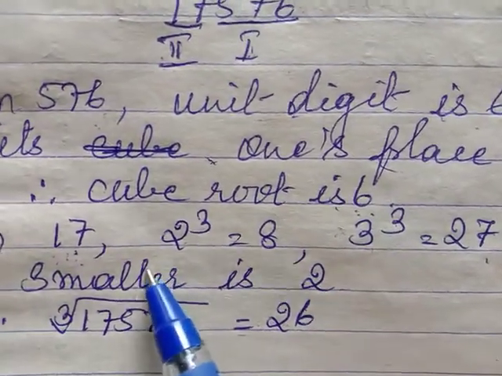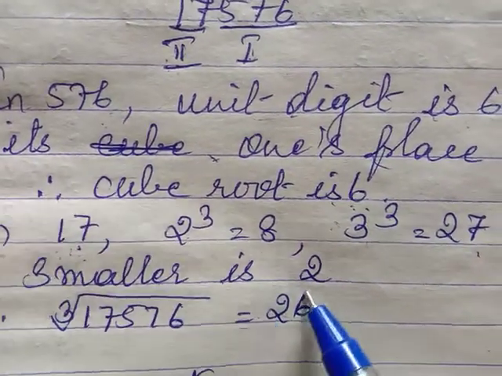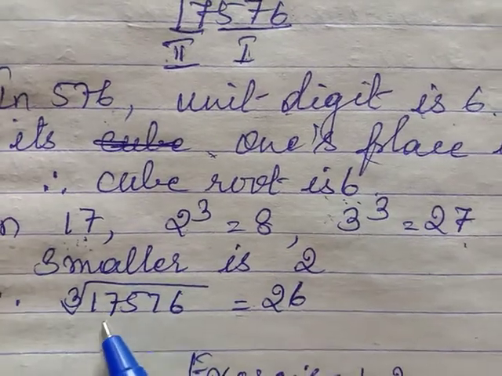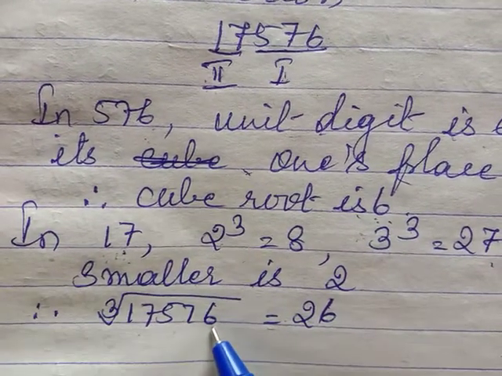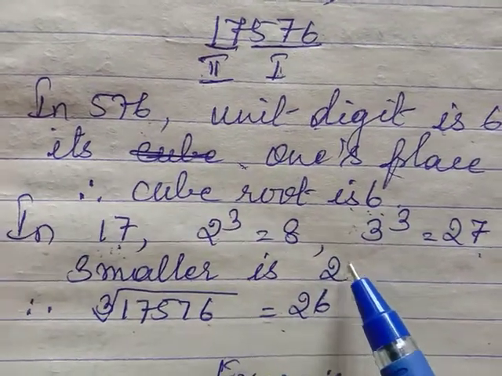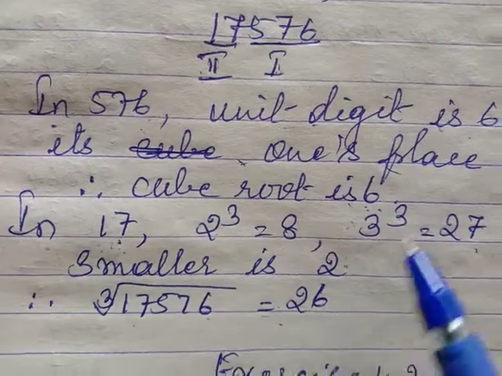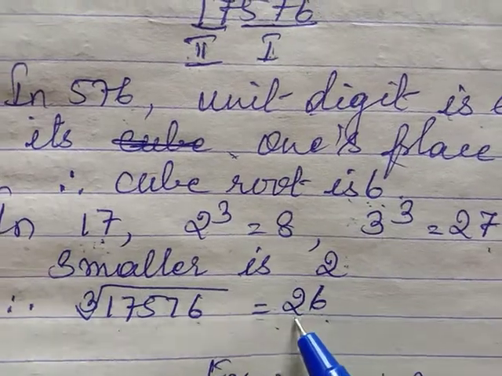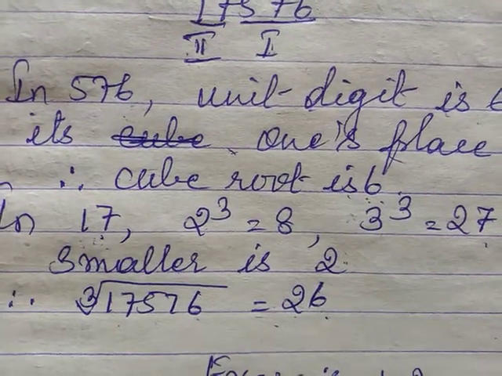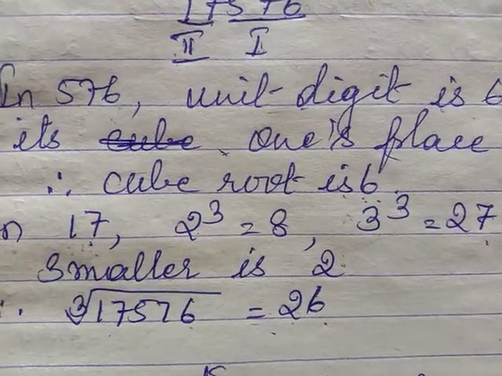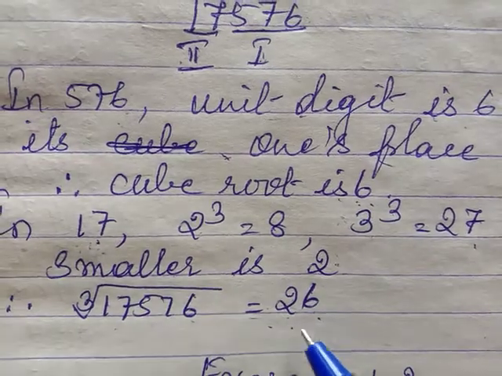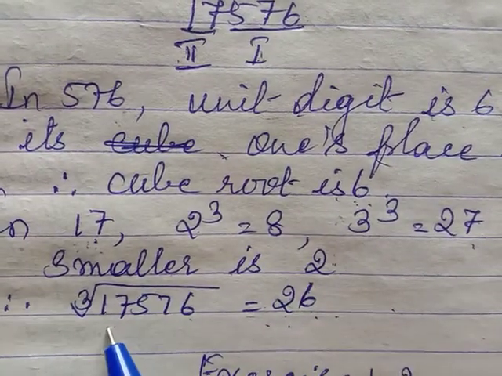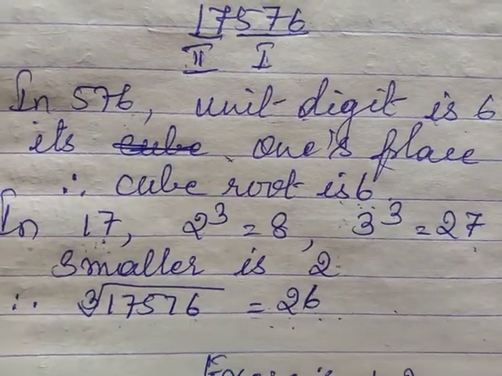Which is the smaller? 2. Therefore the cube root of 17,576 is equal to 26, where 2 is the tens place and 6 is the units place. You can multiply 26 into 26 into 26 to check, then you will get exactly 17,576.